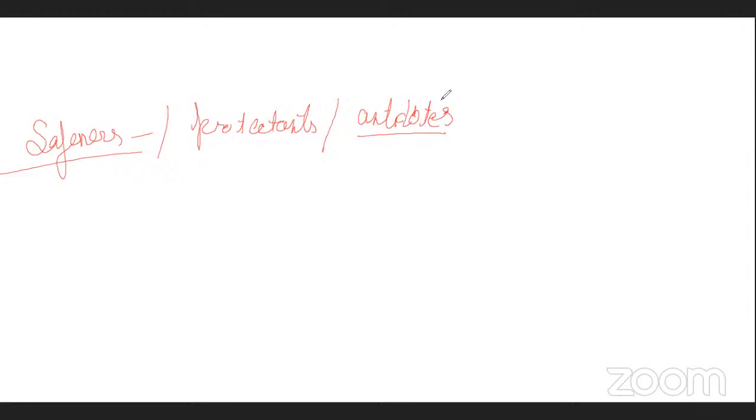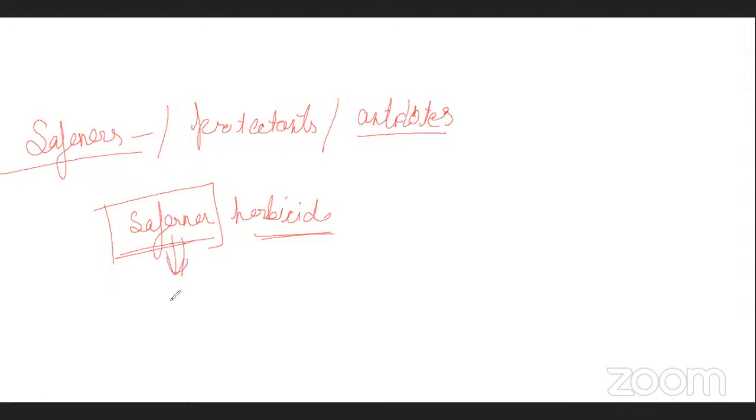We add the safener with the herbicide so that it protects the crop from the herbicide effect. These terms are all synonyms of each other.